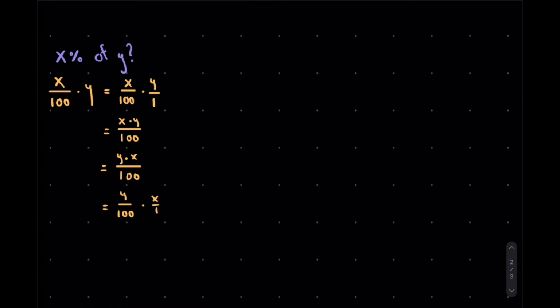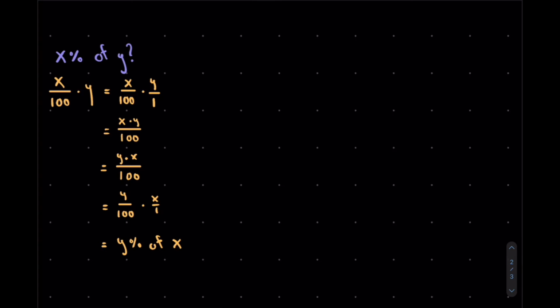And now we could write this as being equal to y% of x over 1, or just x. If we look at what we've just proven, we started with x% of y, and we ended up with y% of x.